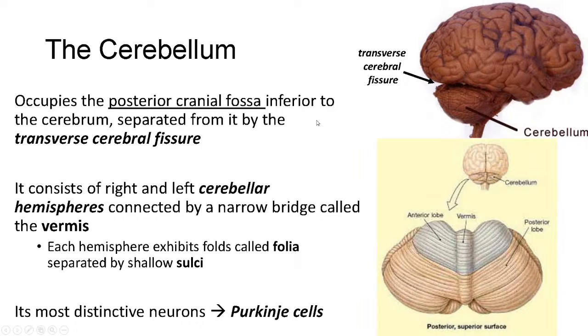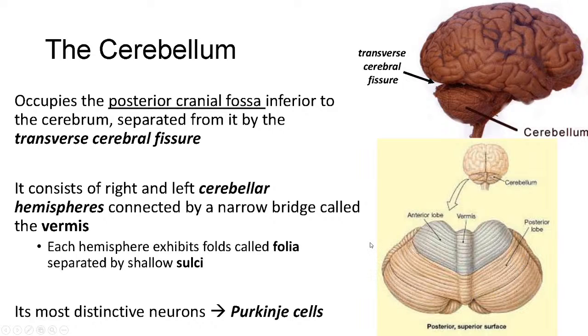So the cerebellum, it sits in the posterior cranial fossa on the floor of the cranium, and it consists of cerebellar hemispheres. There's a left and right cerebellar hemisphere connected by a thin ridge called the vermis. And instead of gyri, it has these small folds called folia, but we still see sulci in between.